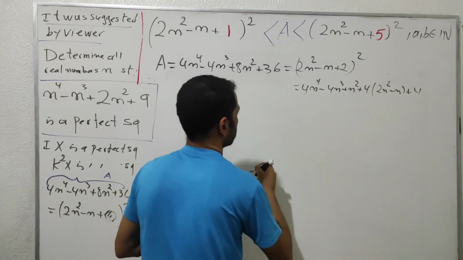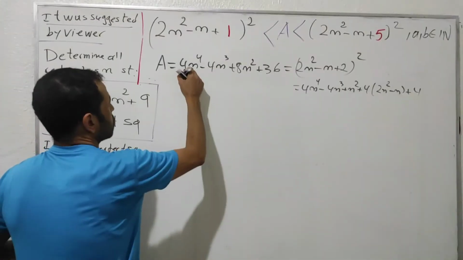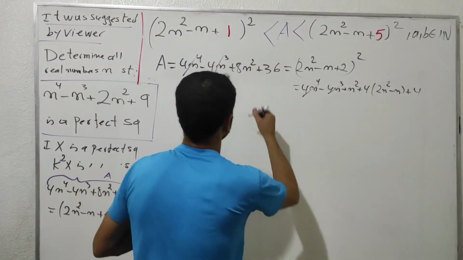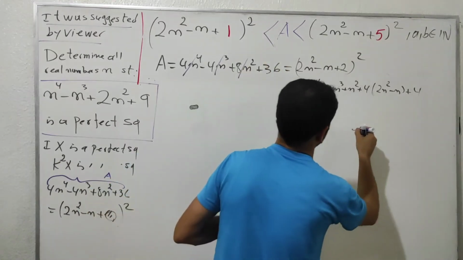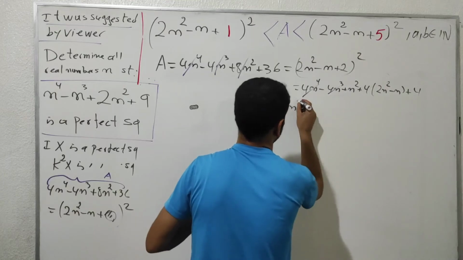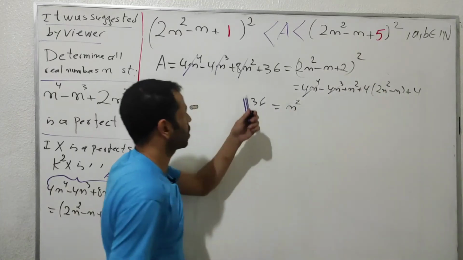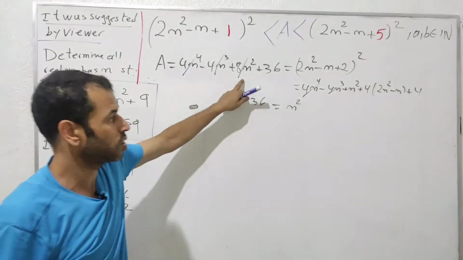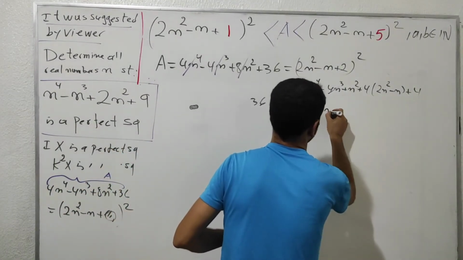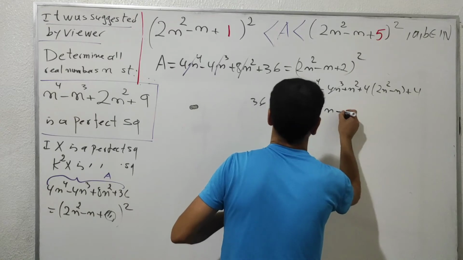Okay, so this one will be cancelled out with this one, and with this one. Also this 8n squared will be cancelled out with this 8n squared, left with n squared, minus 4n plus number 4.